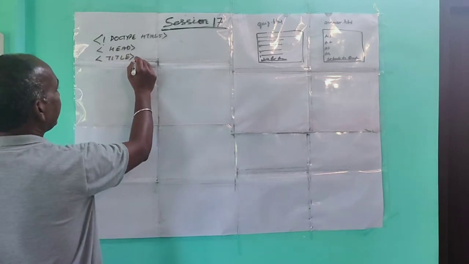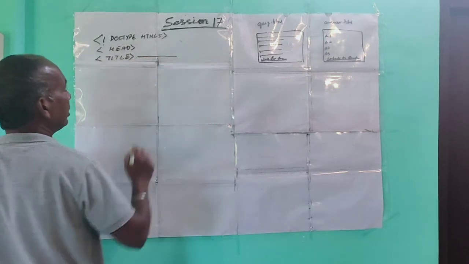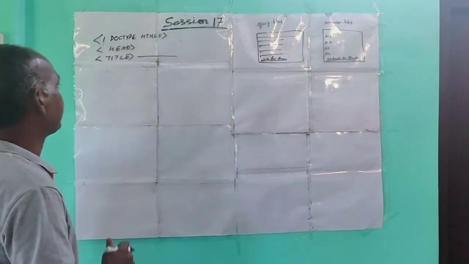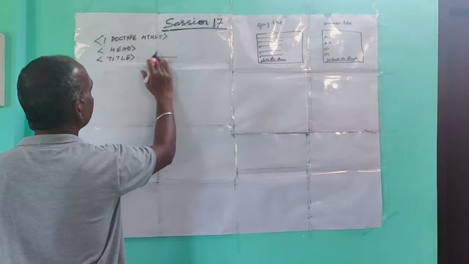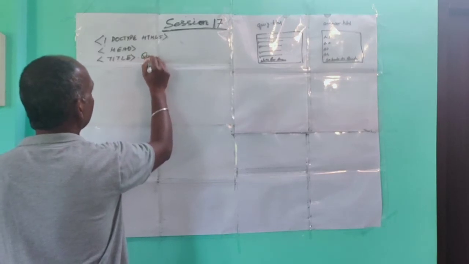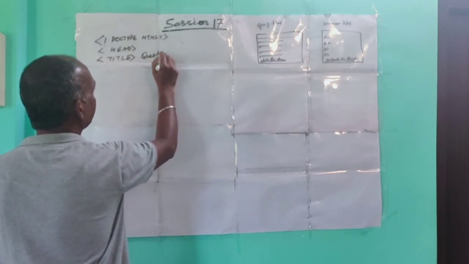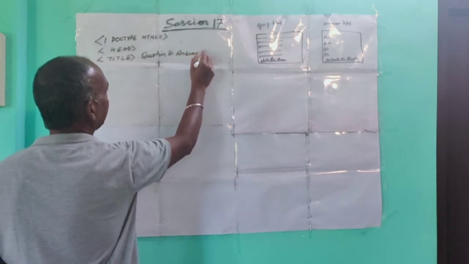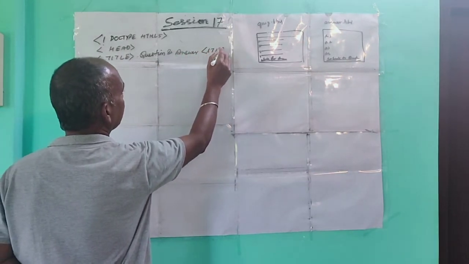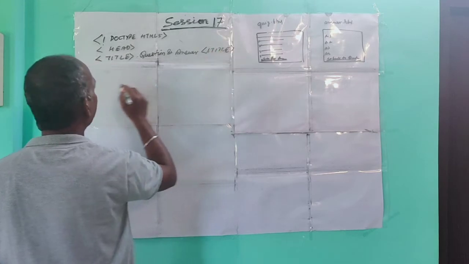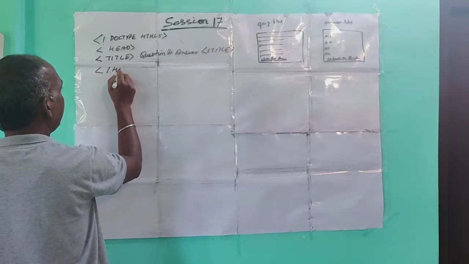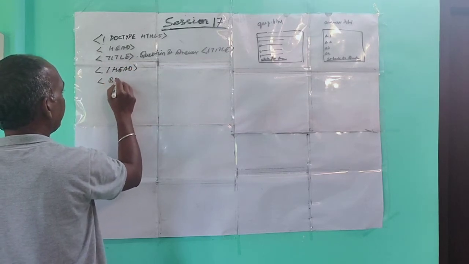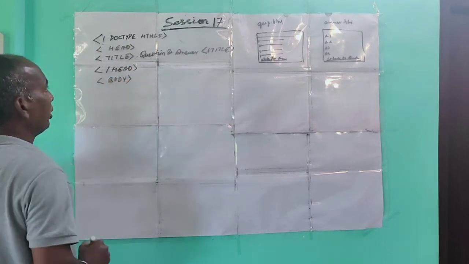You can give any title here. The title of the page should be what? Question and answer. Then close title. After that, close head. Head must be closed before the body.